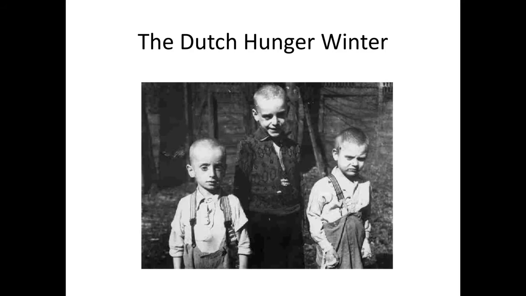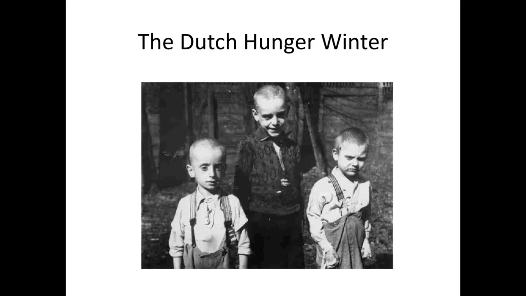This leads to a really interesting historical story about what is called the Dutch Hunger Winter. Now, at the end of World War II, as things were wrapping up and the Third Reich had fallen, there was a significant problem that happened in the Netherlands in that the canals froze during the winter.